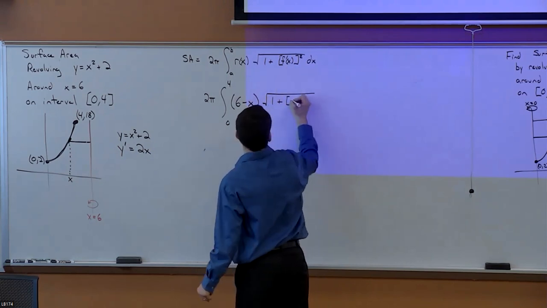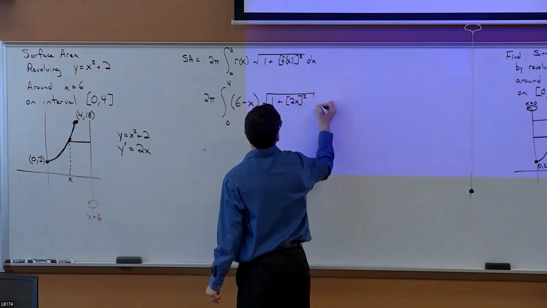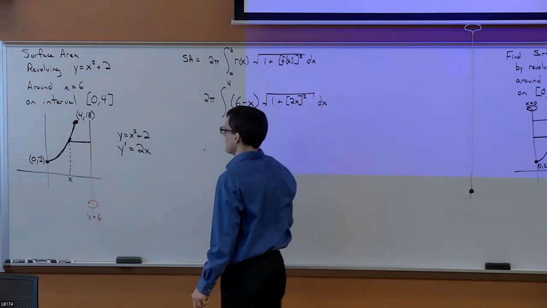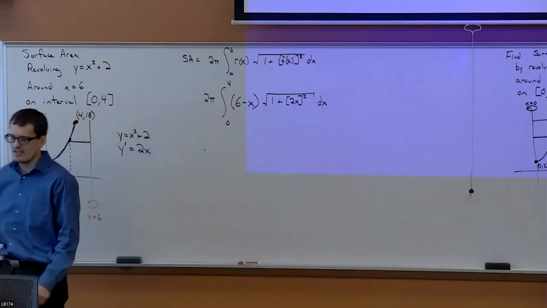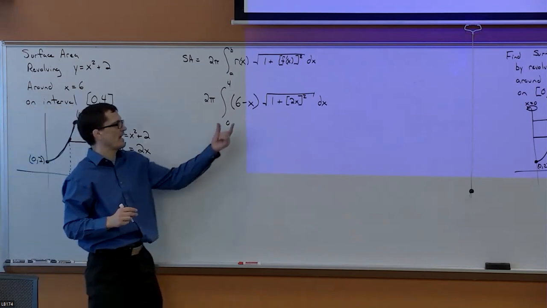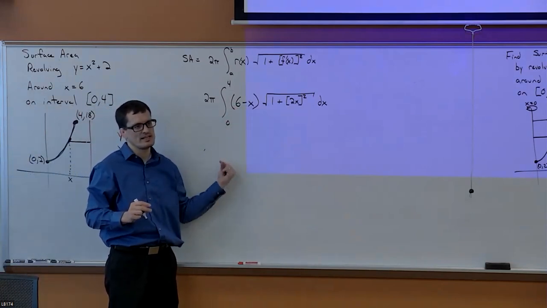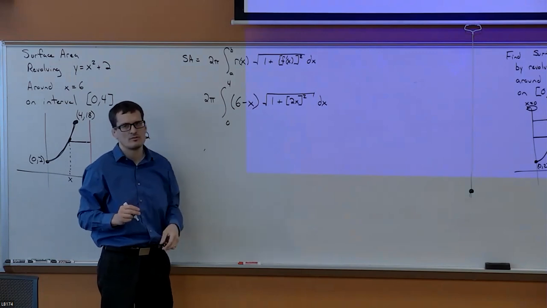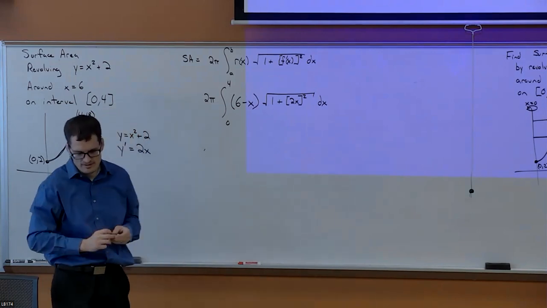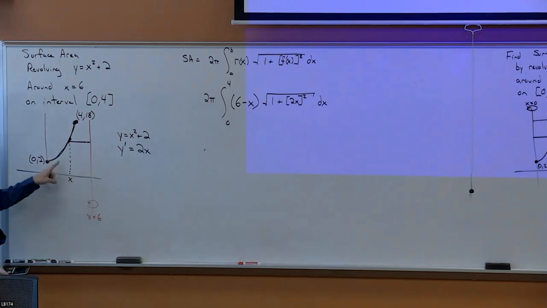Derivative of my function, again, is 2x. And I'm going to be integrating with respect to x. Again, if you would have accidentally put x minus 6 here instead of 6 minus x, you'd have gotten a negative surface area. But again, x equals 6 is bigger than all the x values that I'm dealing with. So that's it.